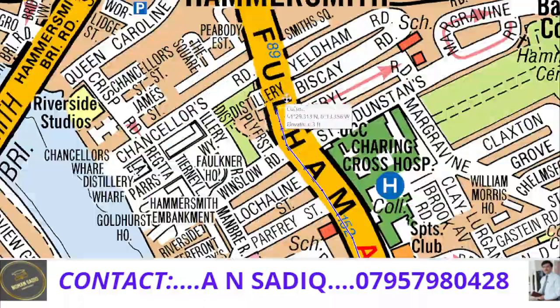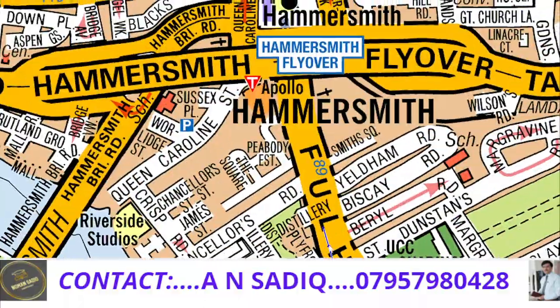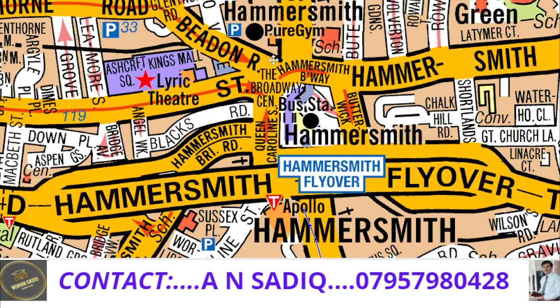So first I have to go through the Hammersmith flyover. Here is the flyover, and I have to keep my route under it, and there is a roundabout actually underneath. So I am going through this roundabout which is underneath the Hammersmith flyover.